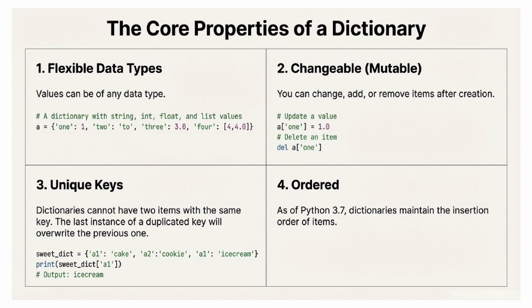Let's now see the core properties of dictionaries. First property is flexible data types. Values can be integers, strings, lists, or even other dictionaries. Second, dictionaries are mutable, which means you can add, modify, or delete entries after creation. Third, keys must be unique.